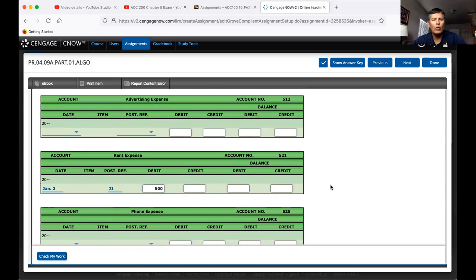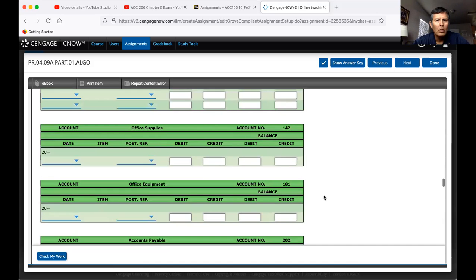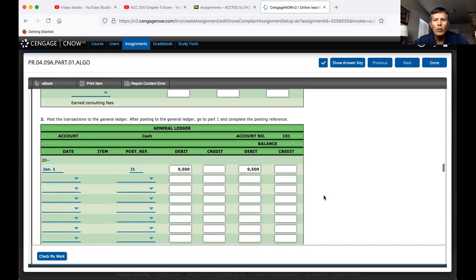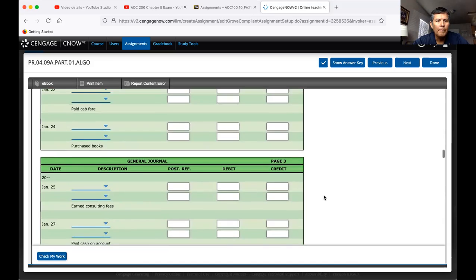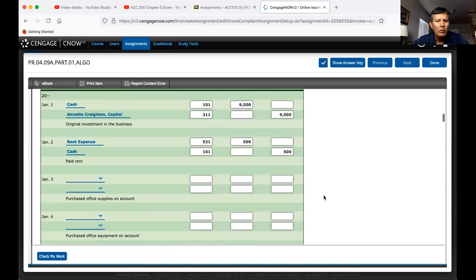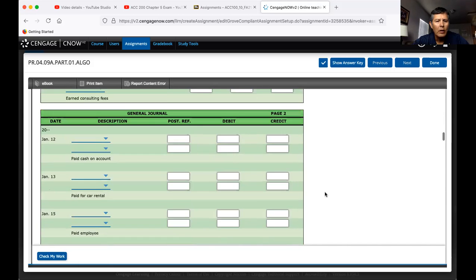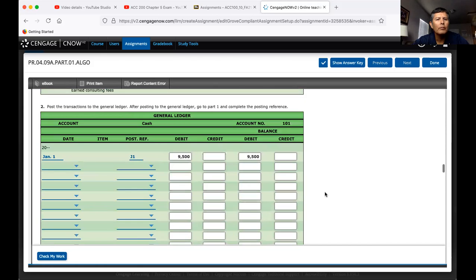Okay. So in addition to rent expense, we are going to do, let me see what our initial one was. Cash 101 for 500, debit or credit. Cash credit. So I go to my cash account.